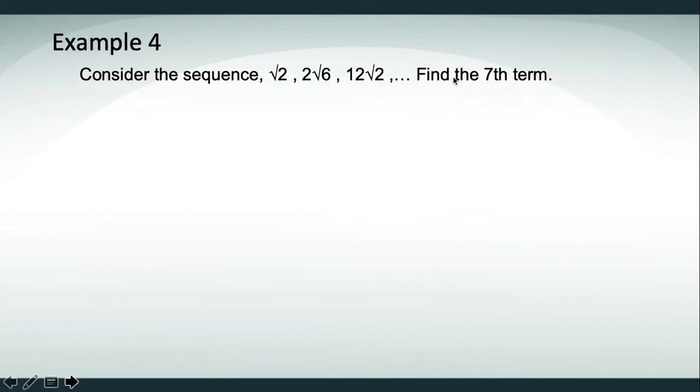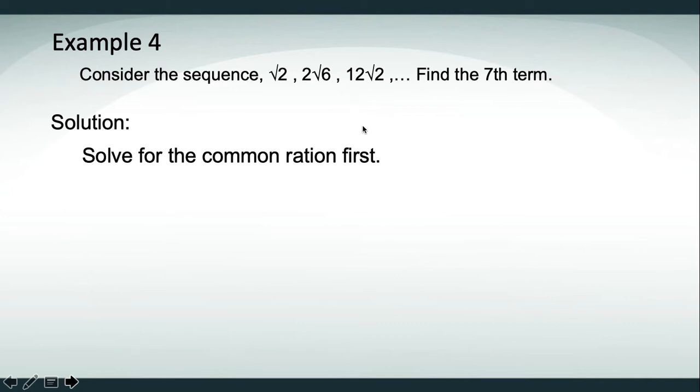For the fourth example, let's find the 7th term of this sequence. Again, solve for the r first. So r is equal to 12 times the square root of 2 divided by 2 times the square root of 6.